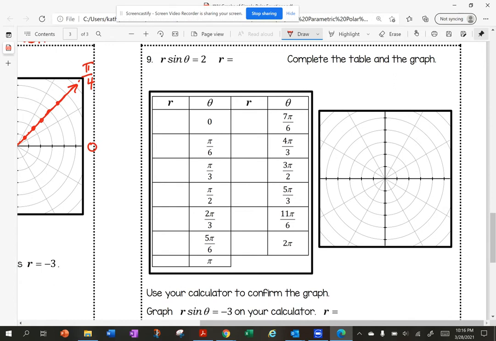This time I want to solve for my radius. So I want to solve for R. So I'm going to divide by what is next to it. So I'm going to divide by the sine of theta. So R equals 2 divided by the sine of theta.